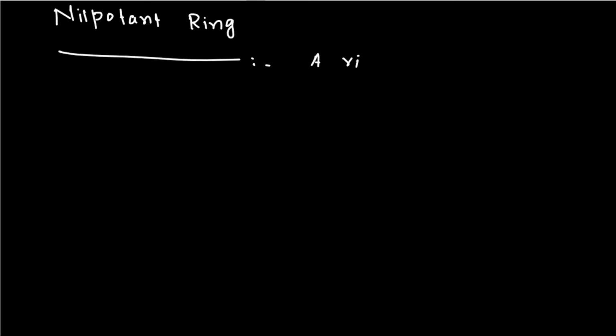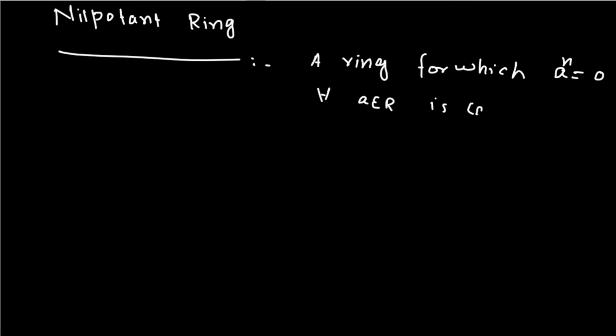Let R be a ring for which a^n is equal to 0 for all a belong to R. This is called a nilpotent ring.